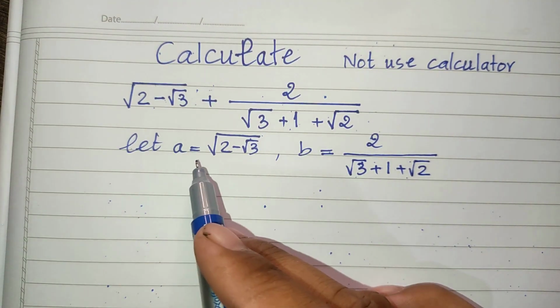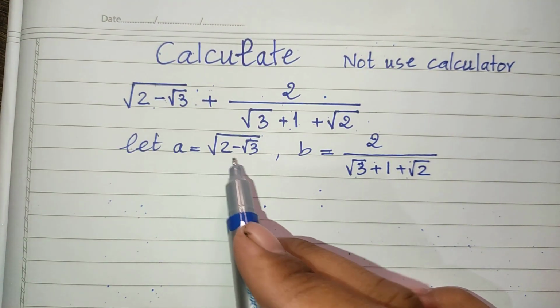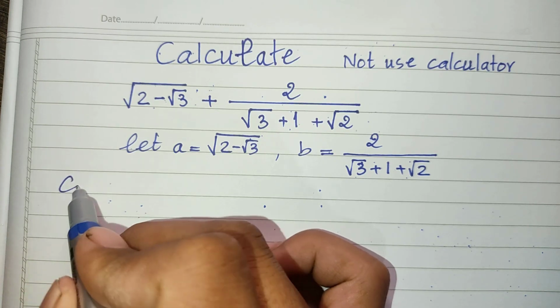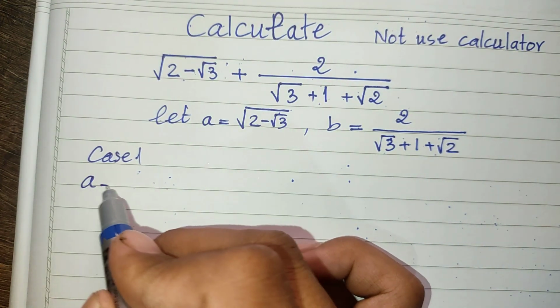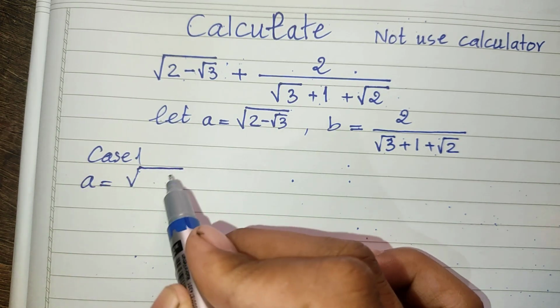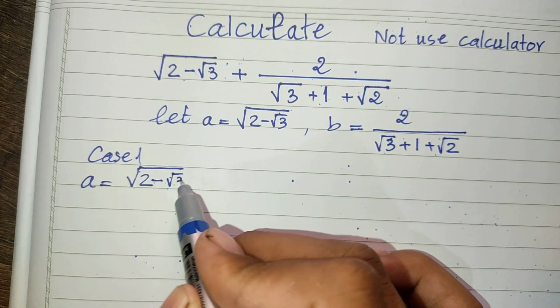Now for case 1, I use a equals square root 2 minus square root 3.